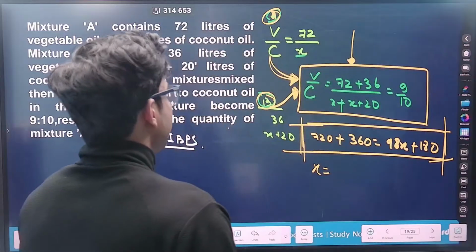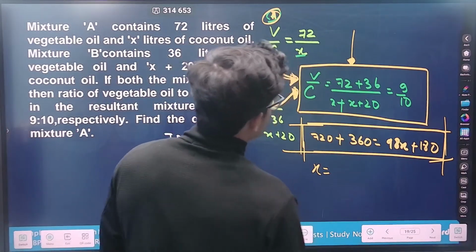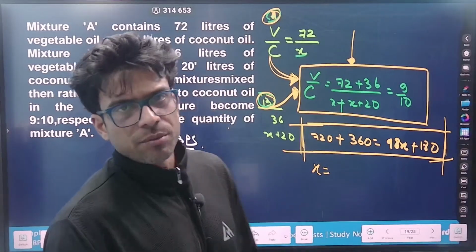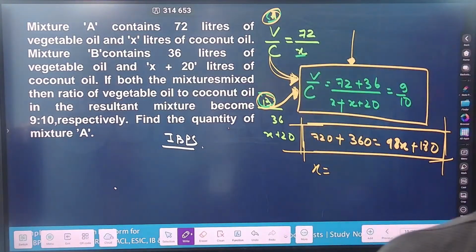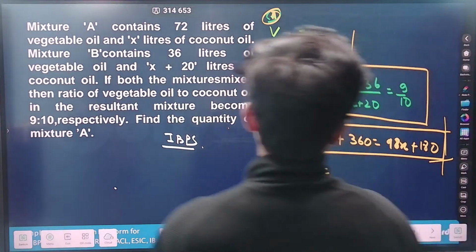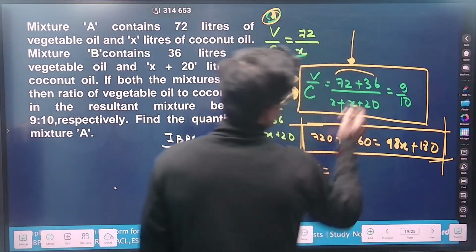No, it should be an integer, na? Did we do something wrong? No. It should be an integer. It should not be in any other terms. It should be an integer, na? This should be 108, na?